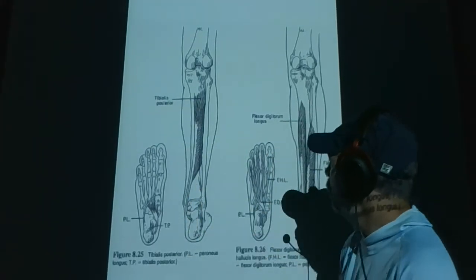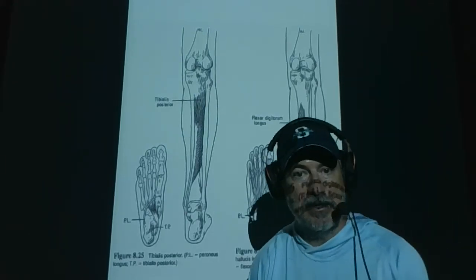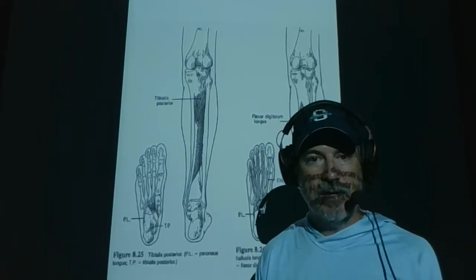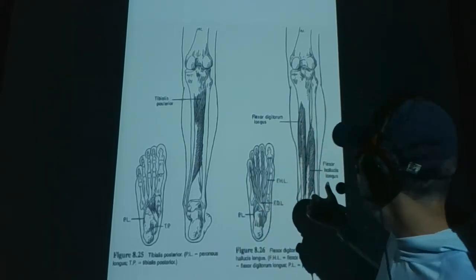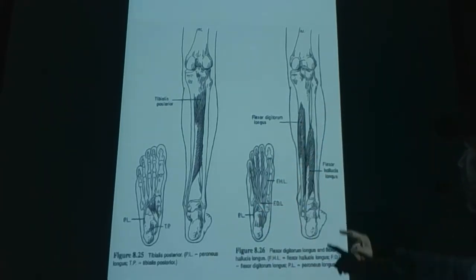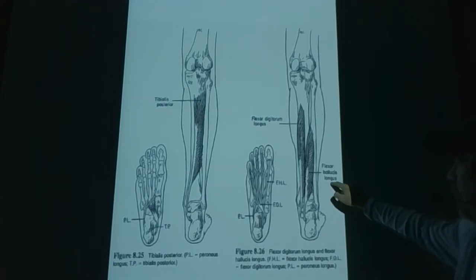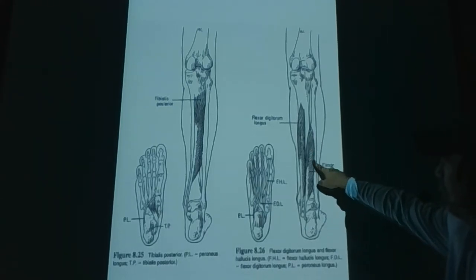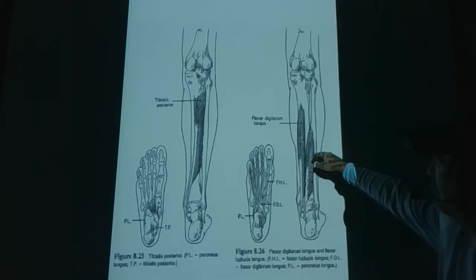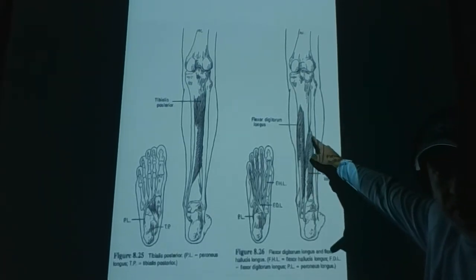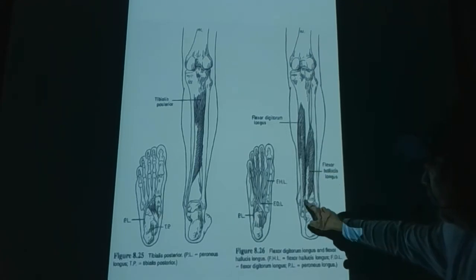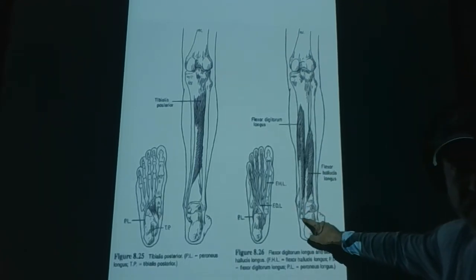We had extensor hallucis, an extensor of the big toe that crosses the ankle anteriorly, so therefore it's a dorsiflexor. Well, we have a flexor of the big toe, flexor hallucis longus. Here we go, it kind of starts back here, look, fibula, but even though the fibula is on the outside, it doesn't matter, it crosses on the inside, therefore that's why it's an inverter.